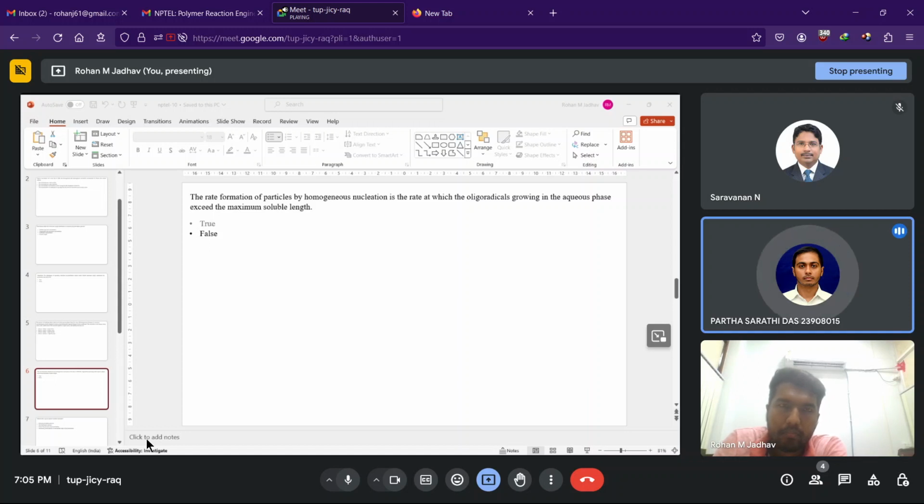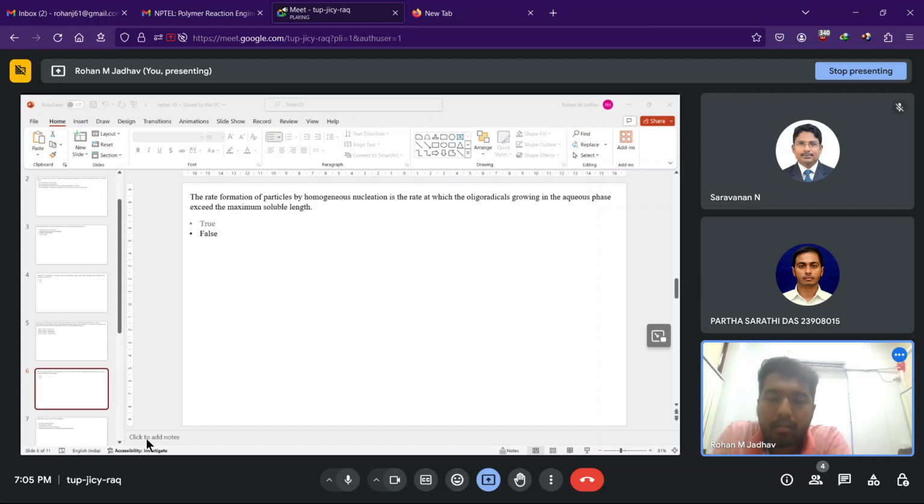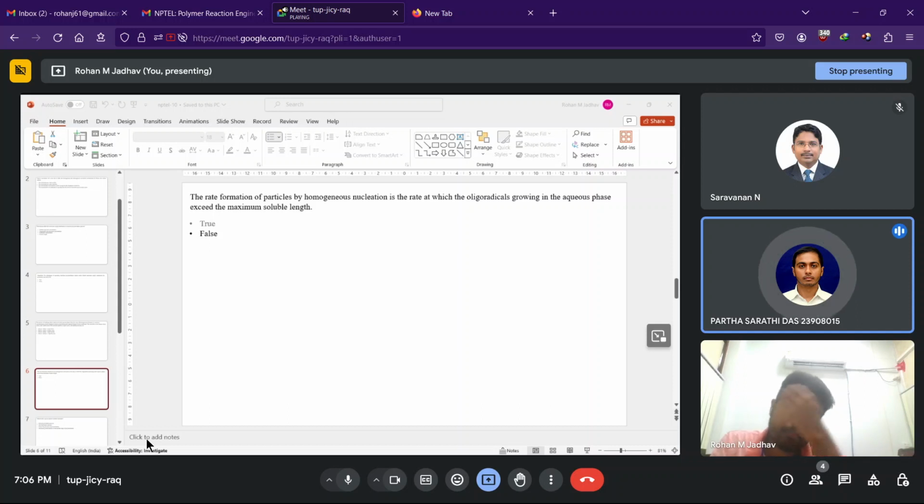It's a simultaneous thing, so it's time dependent and also volume dependent. That's why the volume of the initial charge and the flow rate of the feed are responsible.